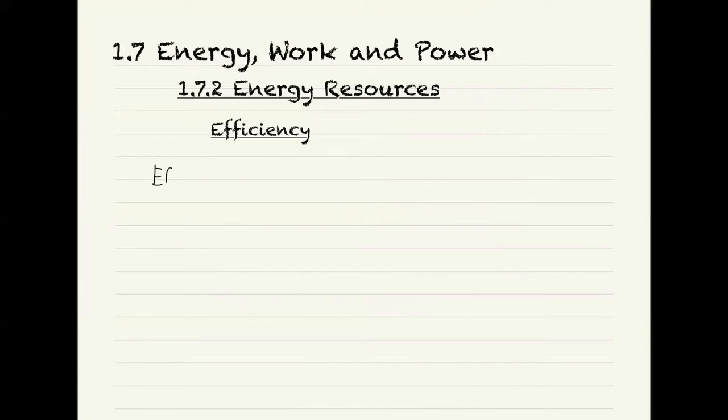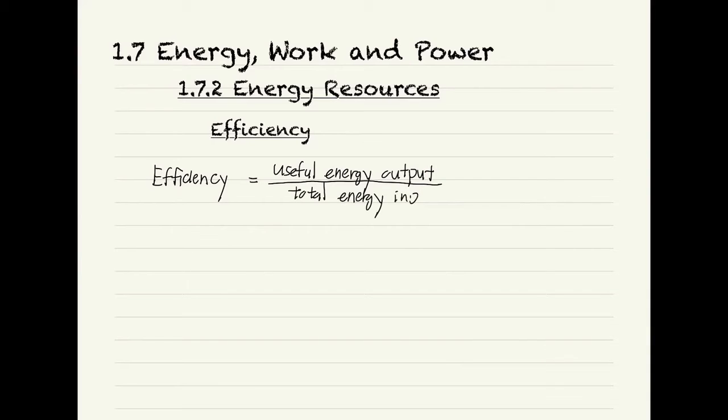We have two formulas to find out efficiency. Efficiency equals useful energy output divided by total energy input times 100%. Unit for the energy output is joule. Unit for the energy input is joule.